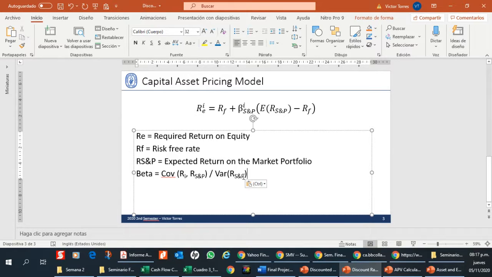Calculate the returns on the stock that I have, right? And calculate the return on the S&P, right? And calculate the covariance and divide by the variance, right? Or do this estimation using a regression analysis, right? You can do a regression, typical MCO, right? Regression, OLS regression that we are so familiar with, and come up with a calculation for beta, typical beta you're going to have, right?